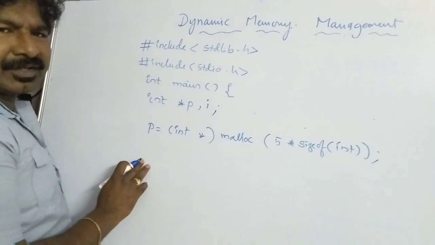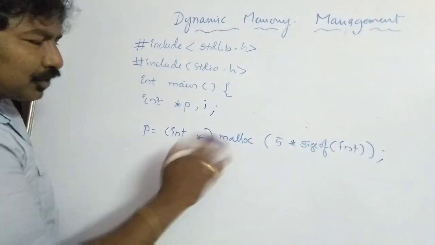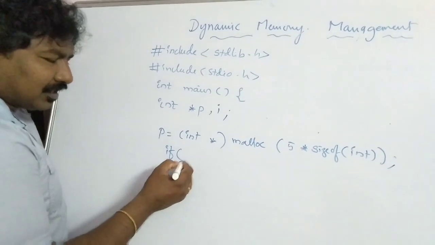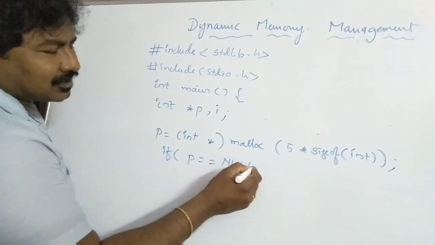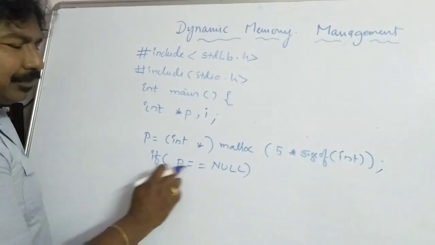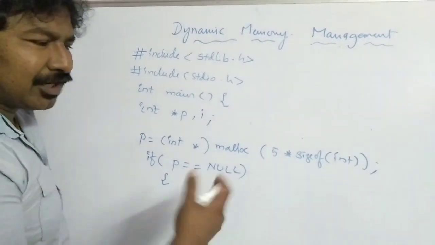So you need to check whether your space is allocated. The immediate statement after the malloc function is to check for the memory allocation. If p is double equals to null, that means the memory is not allocated, your array is not created and you cannot continue.